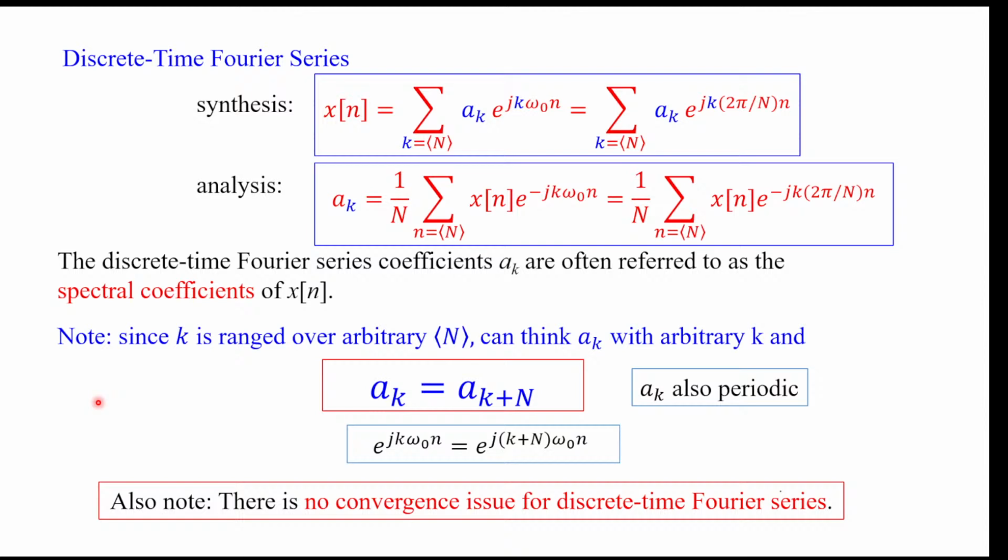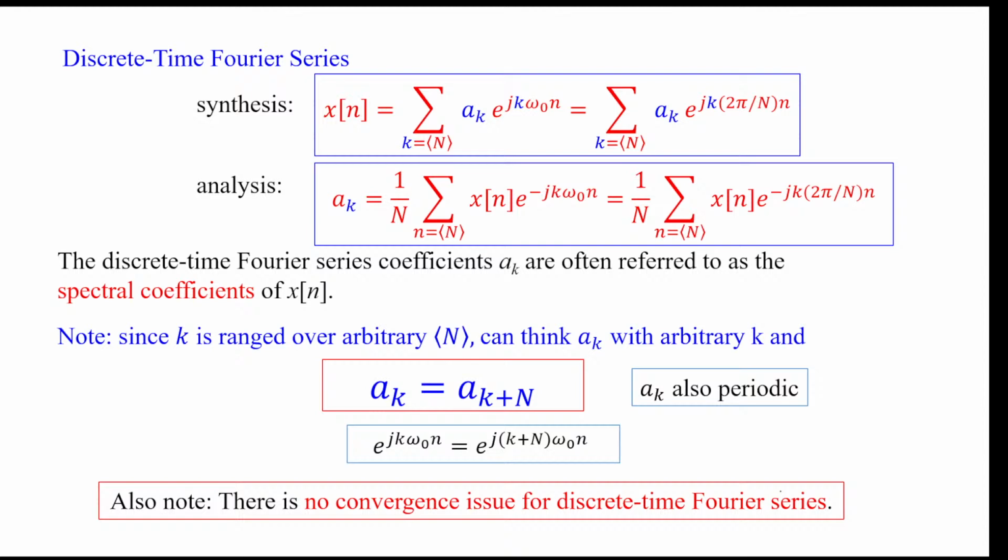I guess this goes back to the fact that we had in chapter 1, saying that the frequency is periodic with period 2 pi.